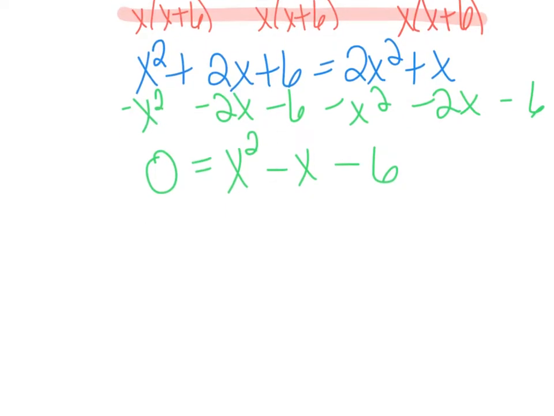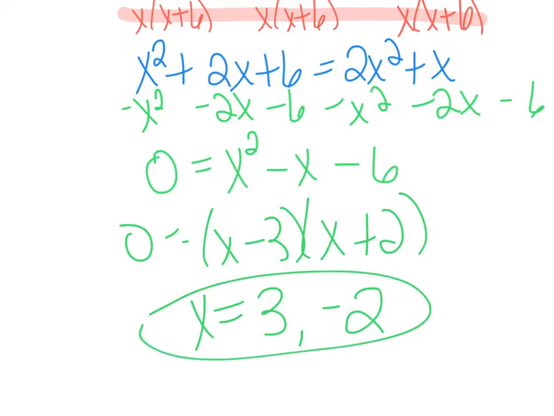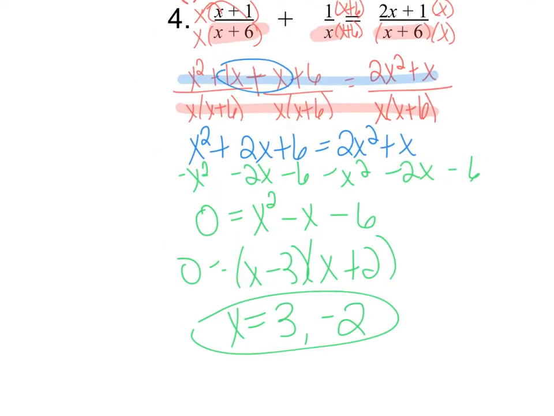Again, I'm just going to factor. Well, I'd have x minus 3 and x plus 2. Multiply together to be negative 6, add together to be negative 1, which means my solutions are either 3 or negative 2. And if I go back up to the top, if it's 3, not a problem. And if it's negative 2, not a problem. The only ones that would have been a problem is if it was 0 or negative 6, because that would have made the denominator 0.